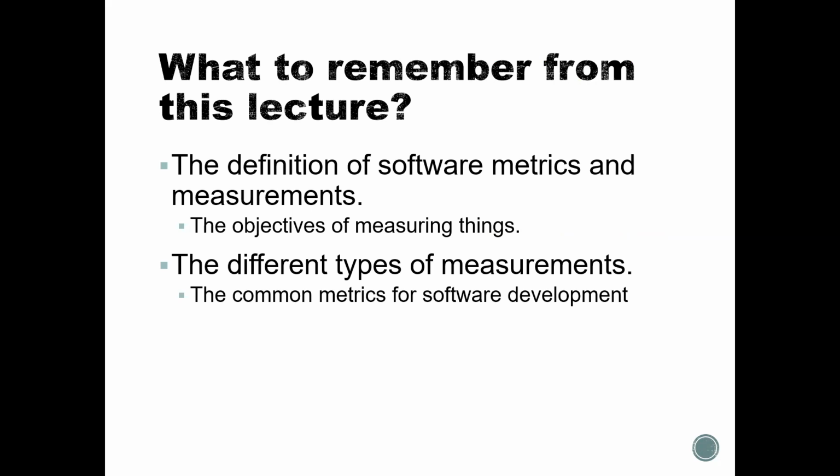So what we need to remember from this lecture is the definition of software metrics and measurement, why we need measurement, the different types of measurement, and where we can do the measurement: on product, process, and people. We have different ISO models for product and for process, and we saw different ways by which you can do this calculation.